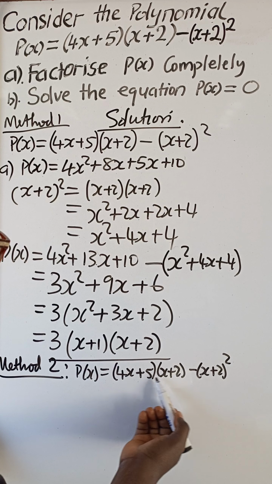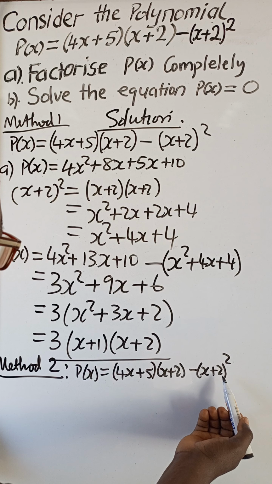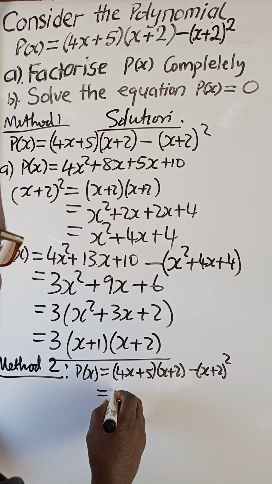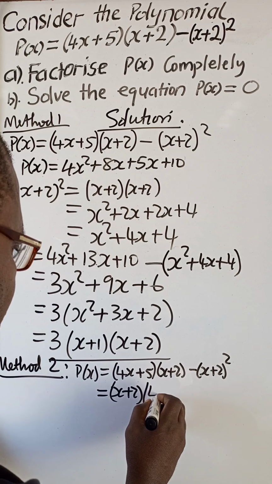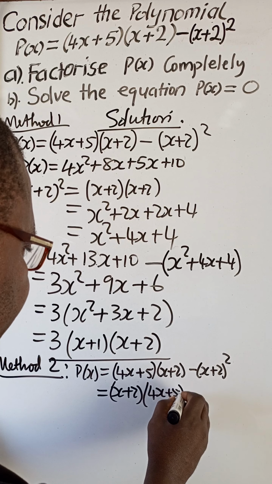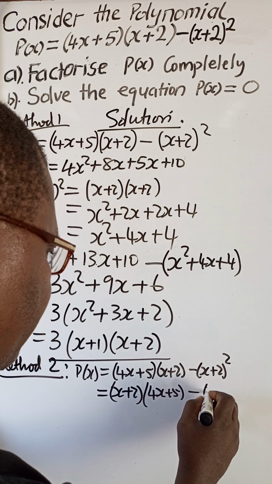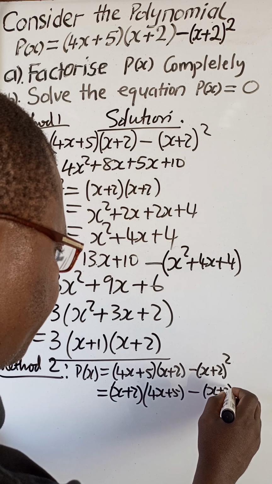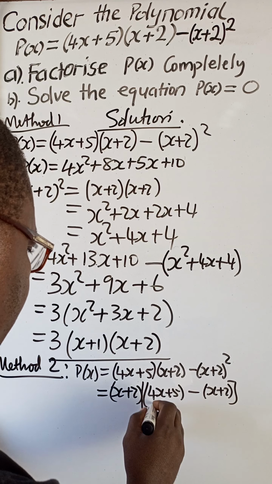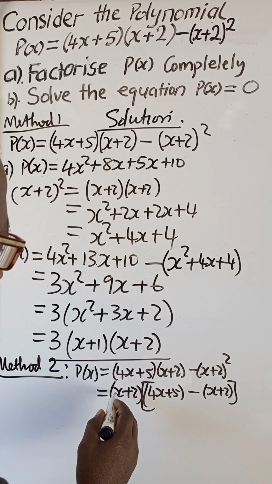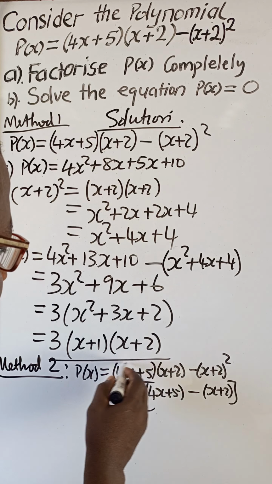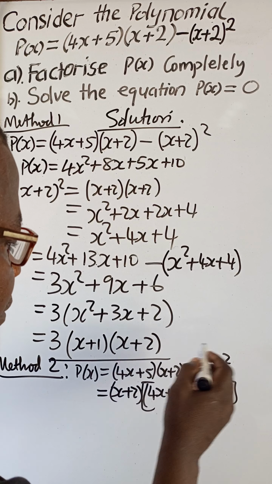So we can factorize out x plus 2 into (4x + 5) minus (x + 2). If we open this parenthesis, x plus 2 multiplied by that gives us this, and x plus 2 multiplied by that gives us that.